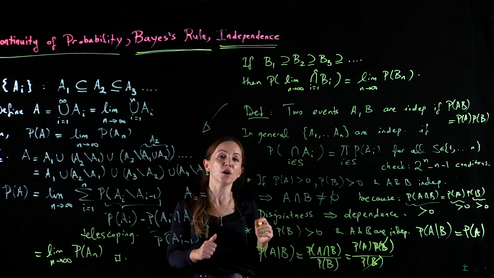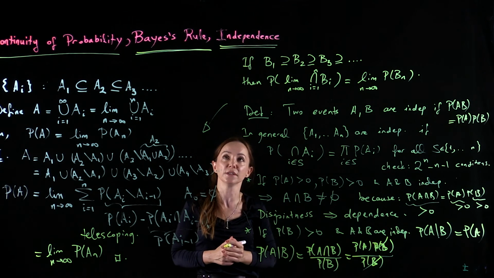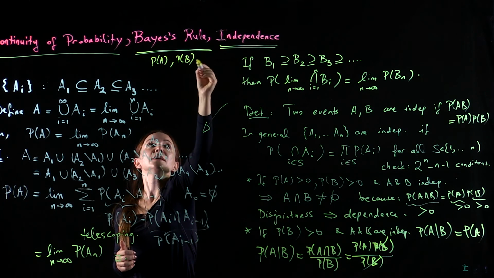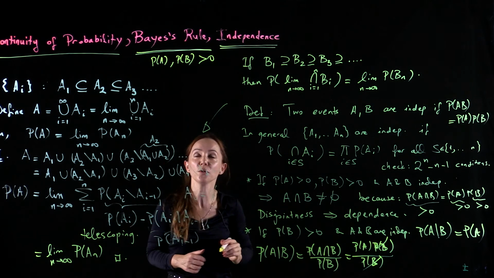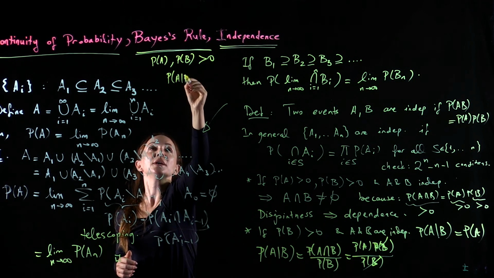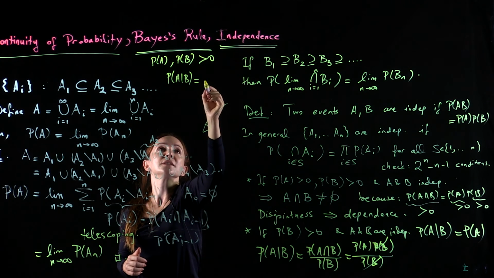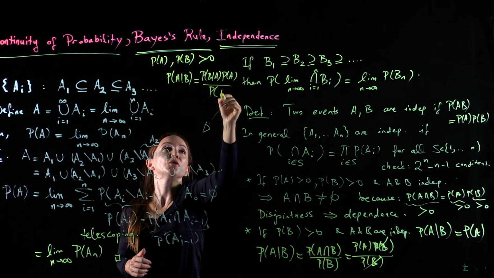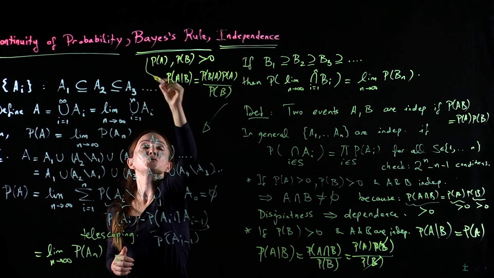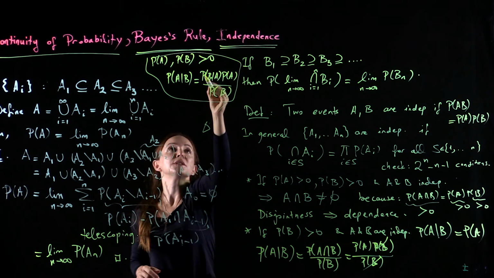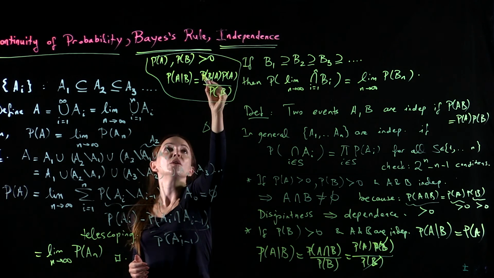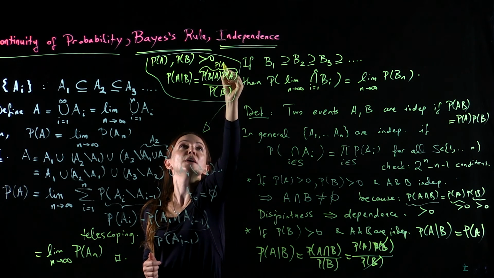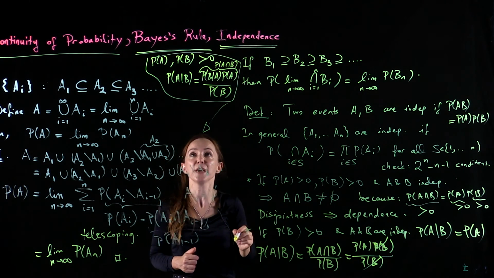Bayes' rule is a way of changing the order of conditioning such that if the probability of A and the probability of B are both non-zero, the probability of A given B is given as the probability of B given A times the probability of A divided by the probability of B. Well, this is trivially true because of the definition of conditional probability, because by the definition of conditional probability, this is equal to the probability of A intersection B. So that's Bayes' rule.